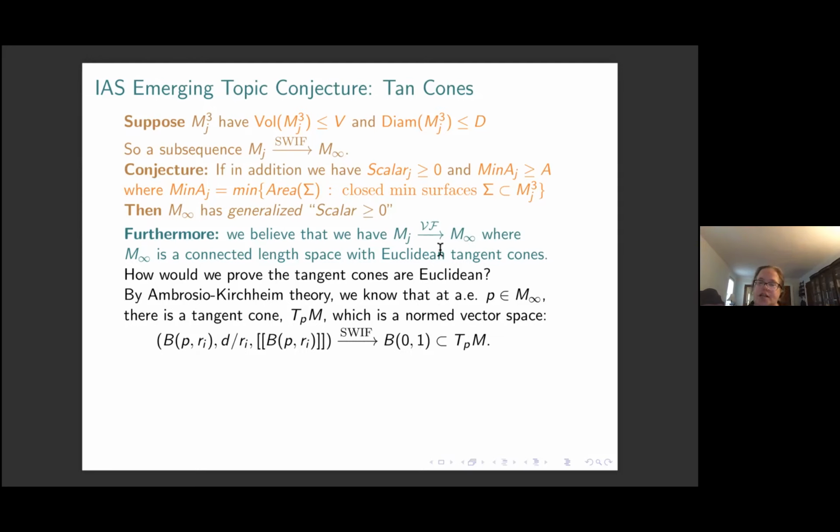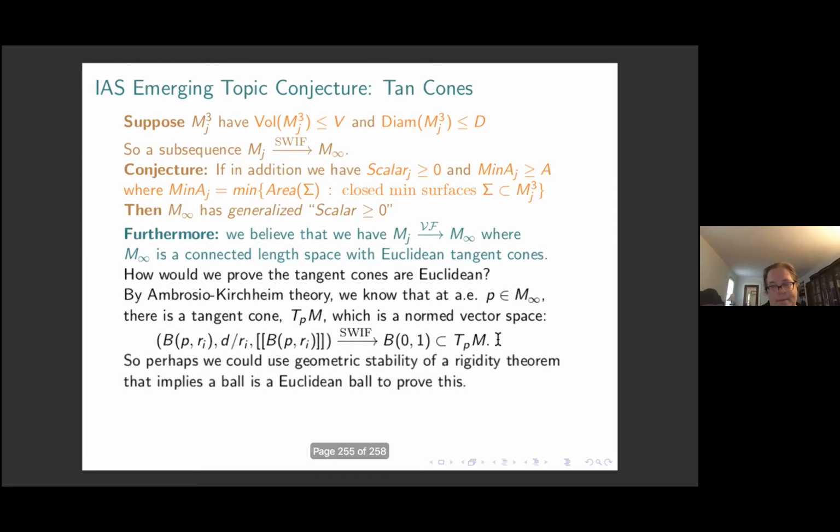But the conjecture says that they're actually Euclidean. There's an inner product on them, not just a norm. So perhaps we could use geometric stability of a rigidity theorem that implies a ball is a Euclidean ball to try to prove that this is actually Euclidean. So remember, there was a rigidity theorem, particularly the prism rigidity theorem, or the mass rigidity, that could be used to try to show that the ball is a Euclidean ball.